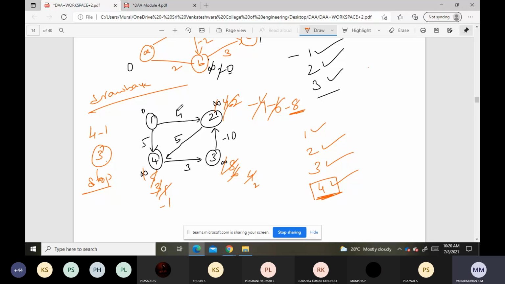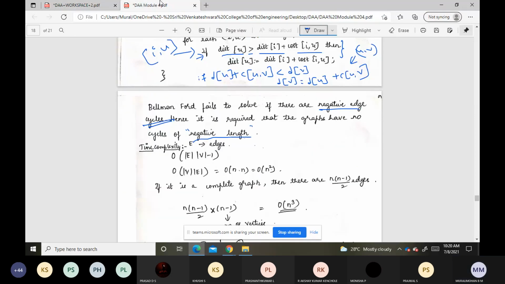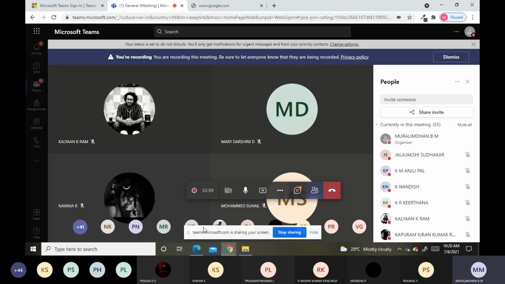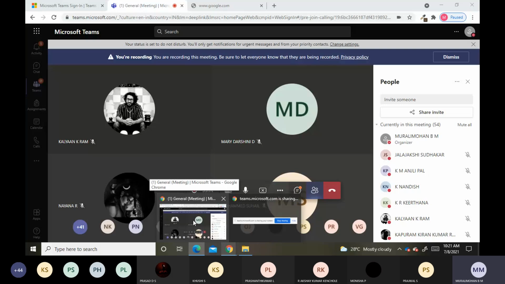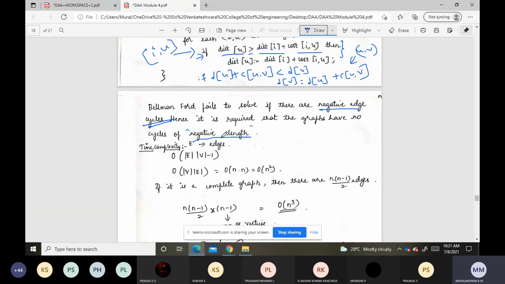Kindly respond, please. So we cannot use Bellman-Ford. It fails to solve if there are negative edge cycles. Hence, it is required that the graph should not have any negative length cycles.